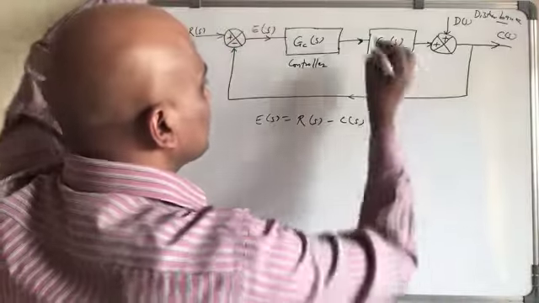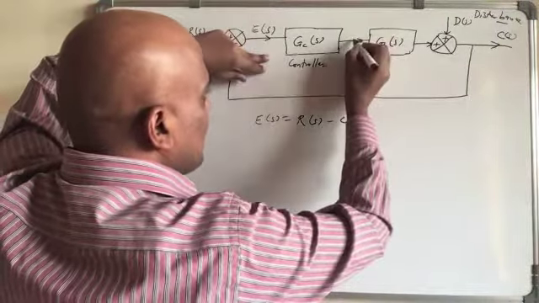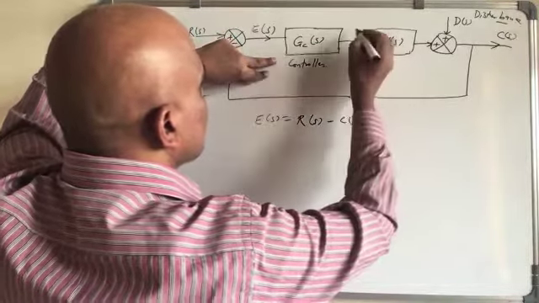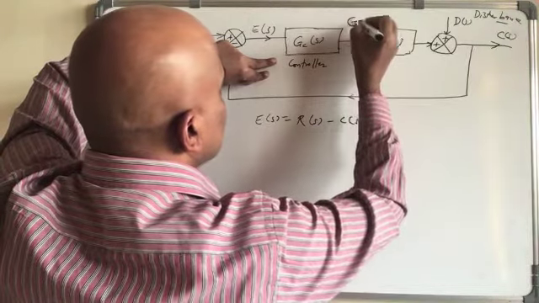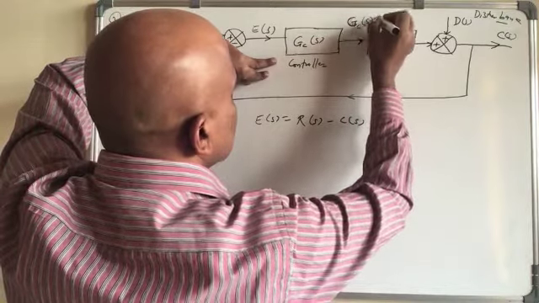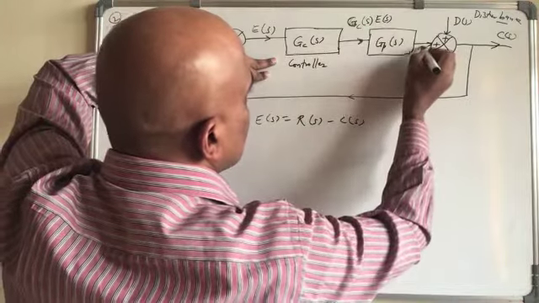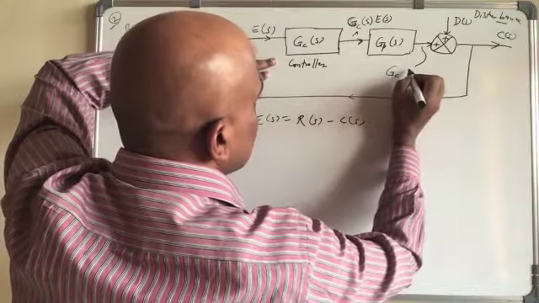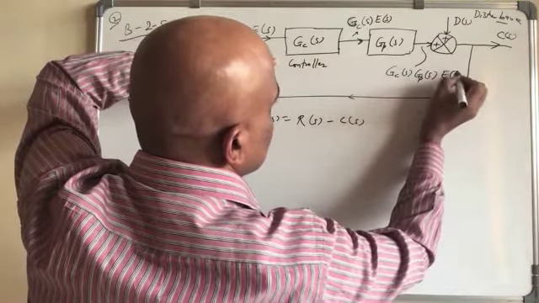Then here you have GCS times ES, and here you have GCS times GPS times ES, right?